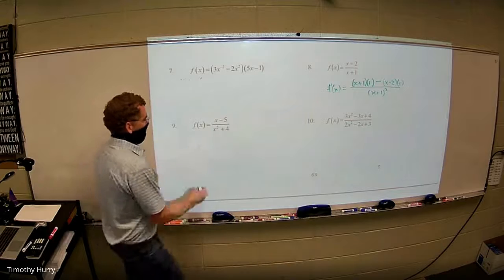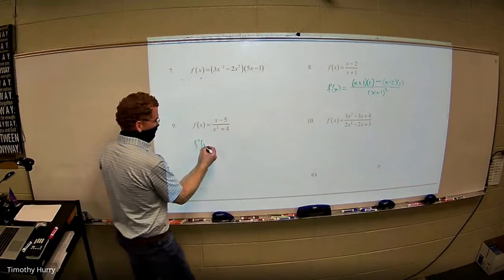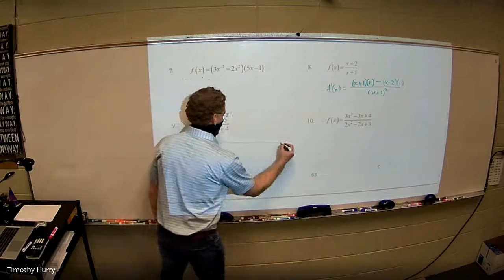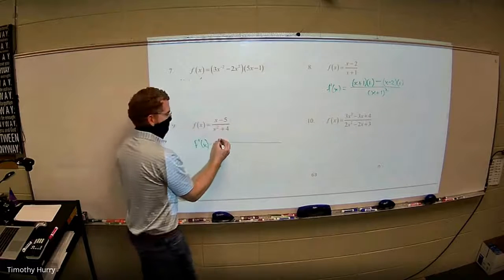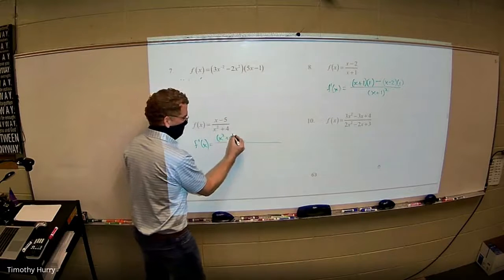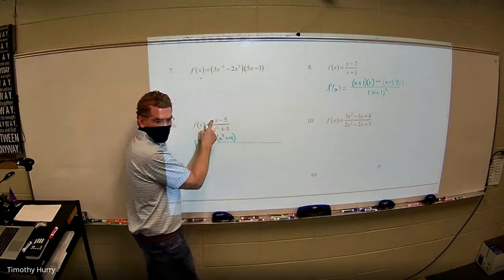Check out number 9. F prime of x, the derivative is, again, I look at it and I see a quotient. Low, x squared plus 4. D high.